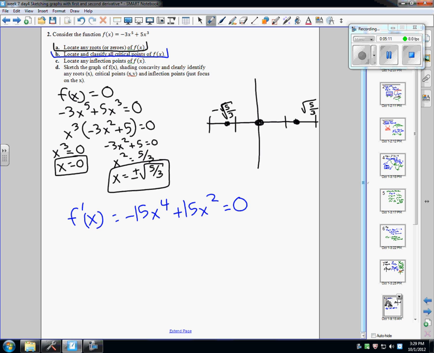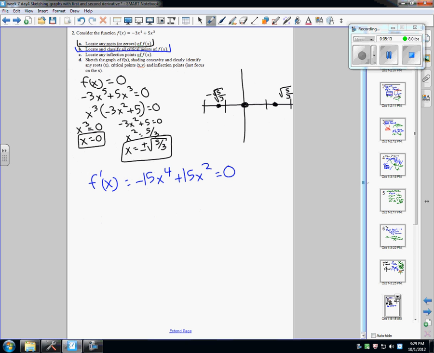And I care about where that is 0. I can take out a negative 15x squared, and I get x squared minus 1 equals 0. So x equals 0, or x squared minus 1 equals 0, which happens at plus or minus 1.